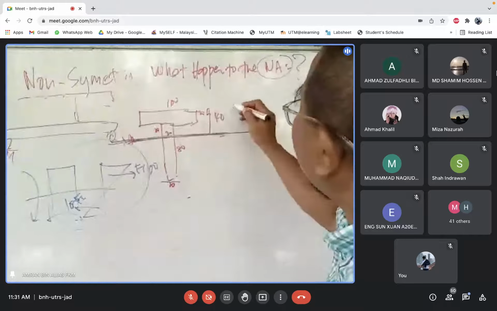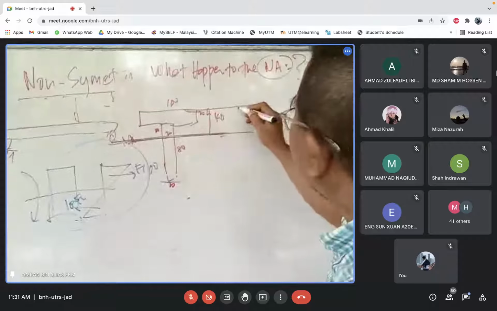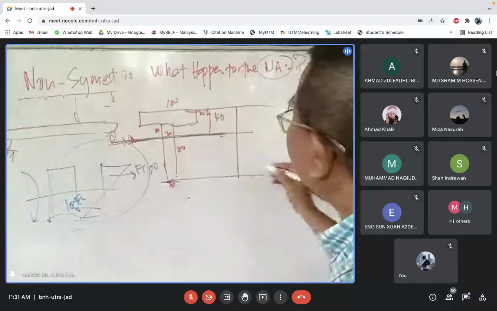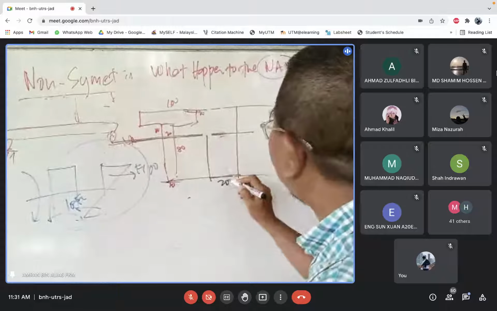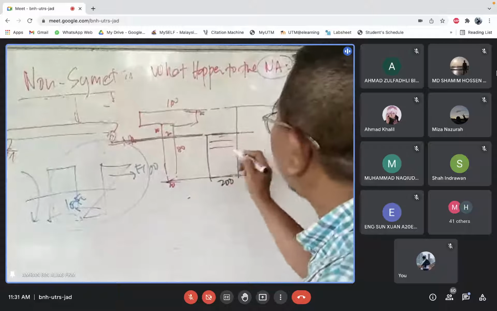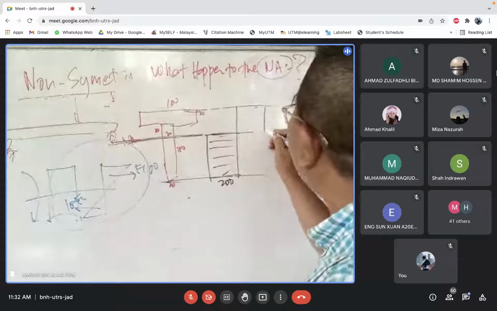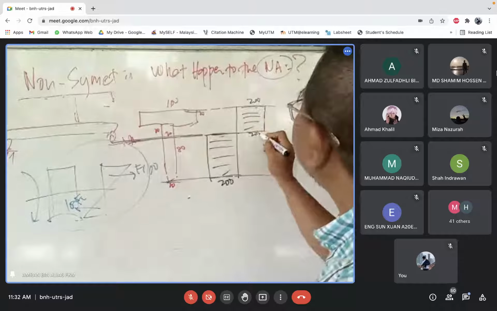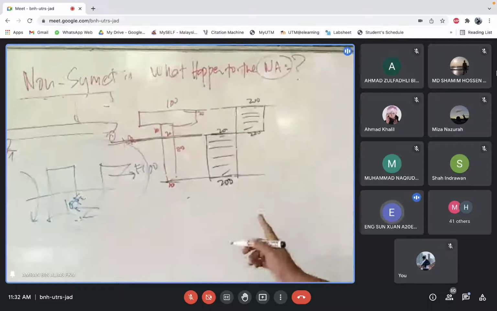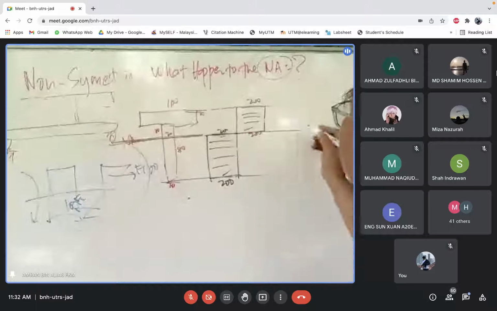The trace is there. This is the one. So this is 200, 200, 200, 200, 200, 200. Correct or not? Correct. The neutral axis is in there.